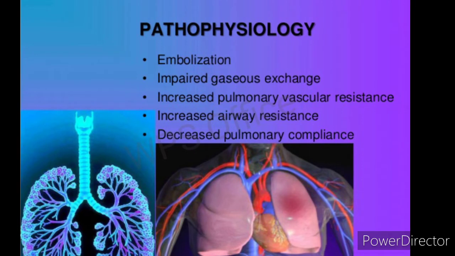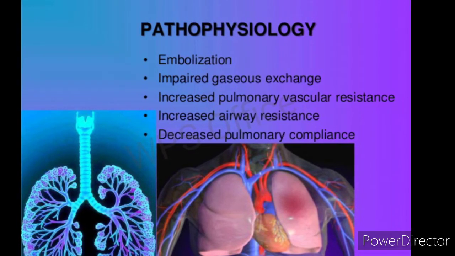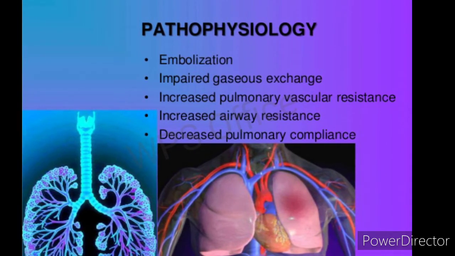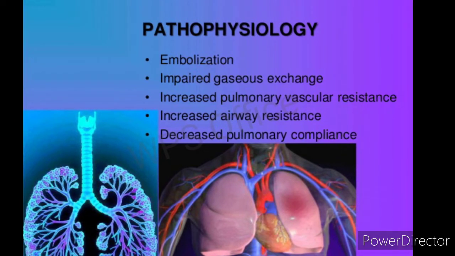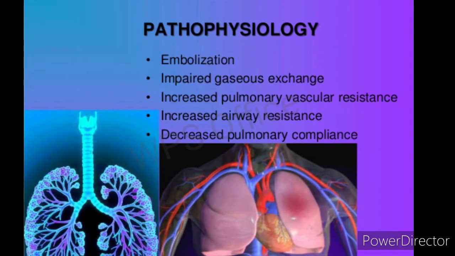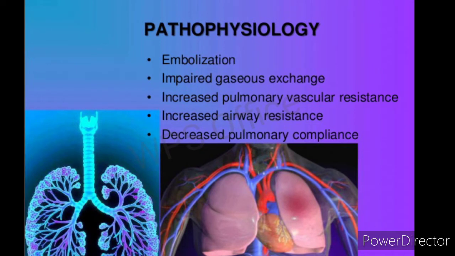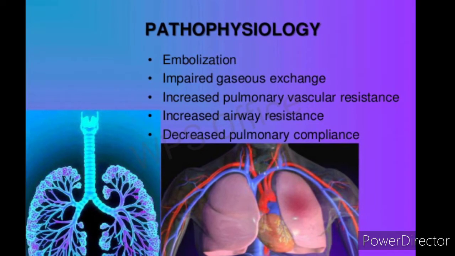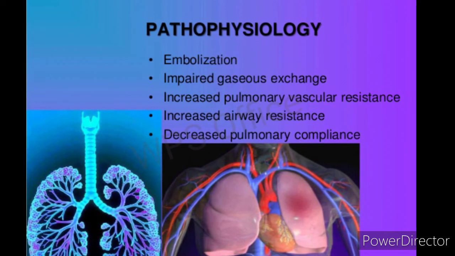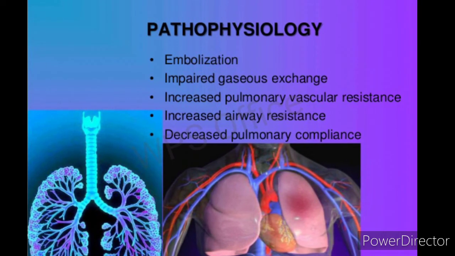Also there will be increased pulmonary vascular resistance. Pulmonary vascular resistance means the resistance against the blood flow from the pulmonary artery to the left atrium. From the pulmonary artery, the blood will flow to the left atrium, right?